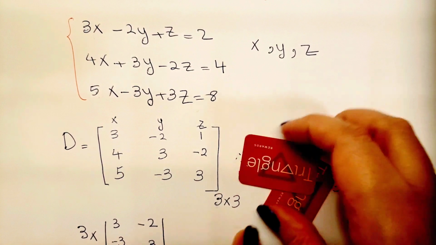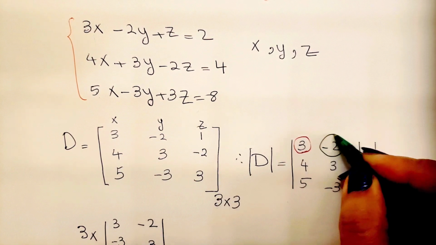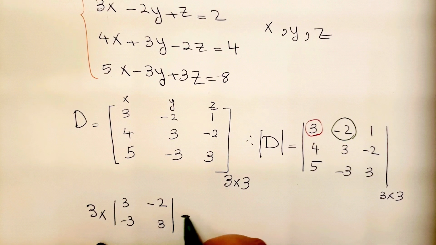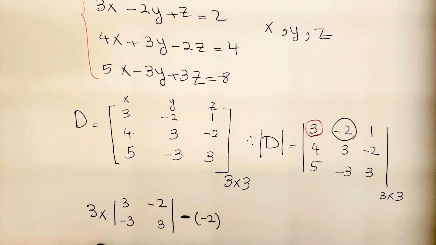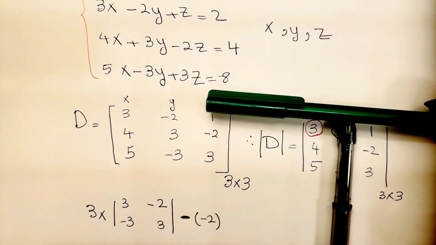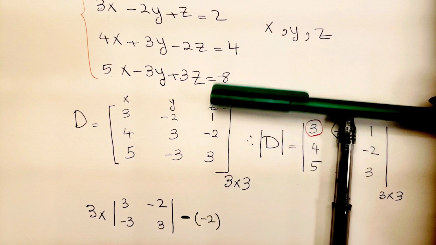So the second main number would be -2. But remember, your formula has a negative sign here. So this is from the formula, and your number is -2. If I eliminate this column and this row, then I would be left with 4, -2, 5, and 3.